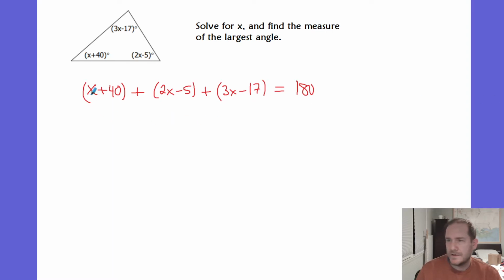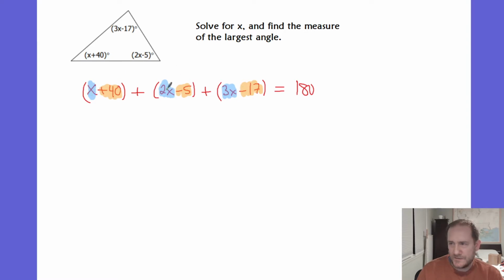Again, look for those common factors, those like terms. You've got an x, a 2x, and a 3x. Then for the whole number parts, you've got a positive 40, a negative 5, and a negative 17. So if we combine all those terms, we can start to simplify this side.